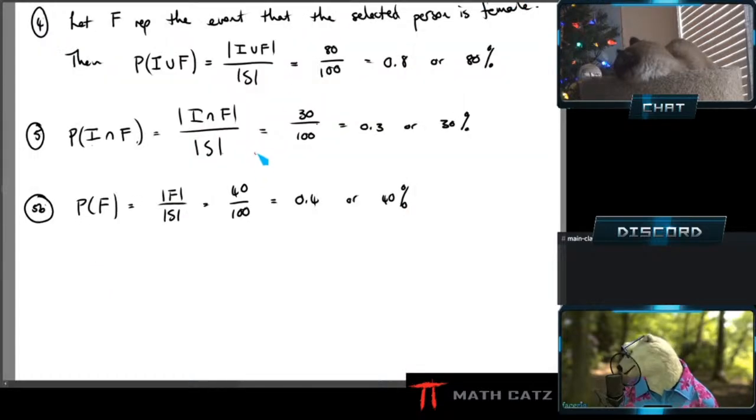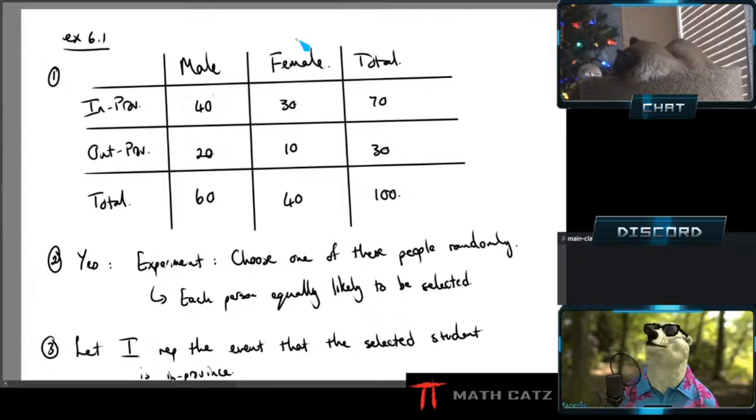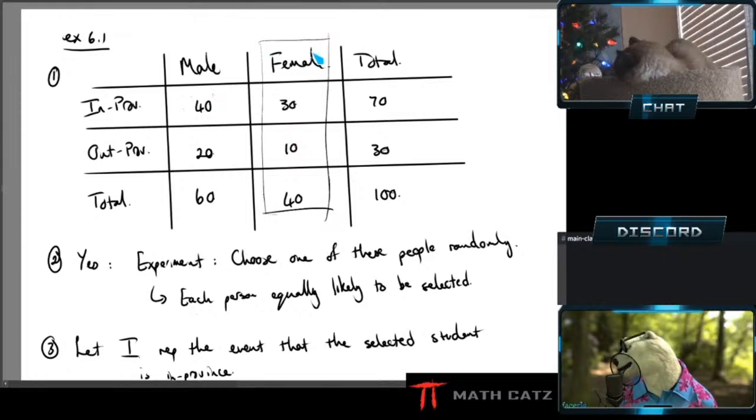So now this changes the question, in that I know it's a fact the selection was one of the females, not the males. And on top of that, using that extra information, I want to ask, how likely is it to be in province? So I've now restricted my view to only look at females because I know it's a female.